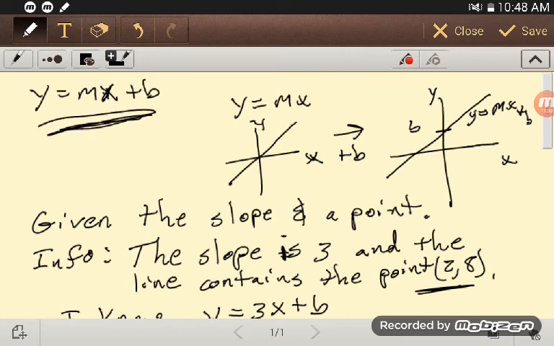And so if I know any three of these quantities, if I know y, m, and x, I can tell you b. If I know y, m, and b, I can tell you x. If I know y, x, and b, I can tell you m. And if I know m, x, and b, I can tell you y. So you see, we've got this relationship. If I know any three of those quantities, I can tell you the other part. Okay, so that does it for this video.